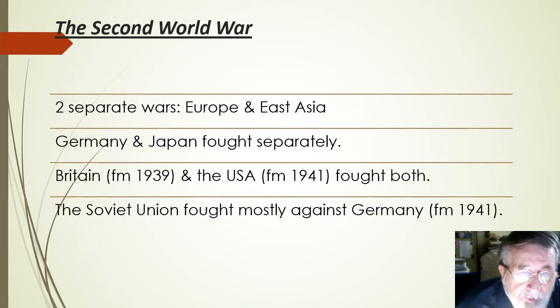He makes 2 or 3 general points. One is that Germany and Japan fought separately. Britain and the United States, on the other hand, fought both Germany and Japan, and the Soviet Union fought mostly against Germany until right at the end of the war.